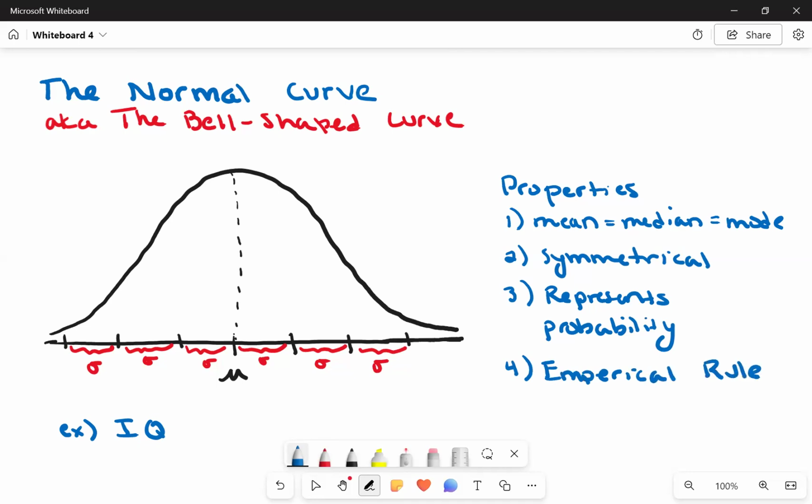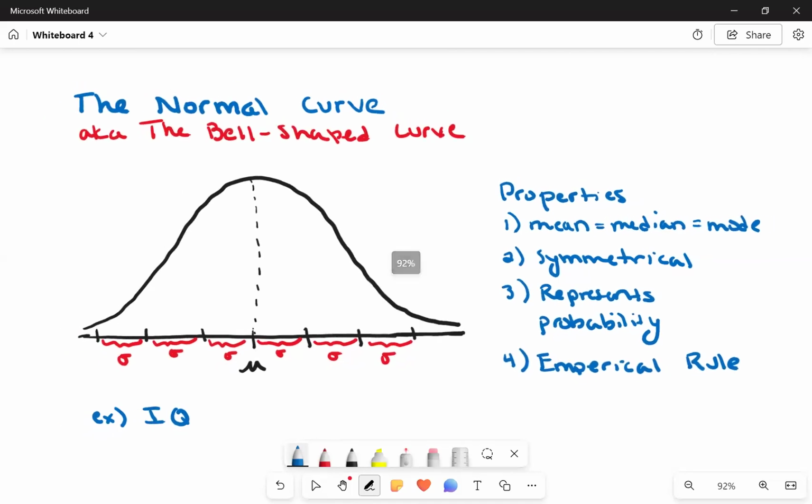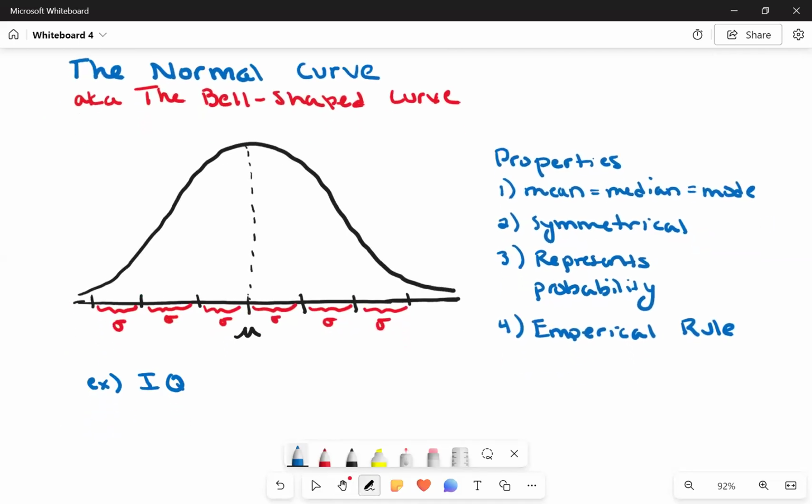All right, I'm going to zoom out here just so I have a little bit of room to write. So the empirical rule works like this. One standard deviation away from the mean, and I'm going to abbreviate standard deviation as STND. DEV. just to save some space, represents 68% of the data, approximately.